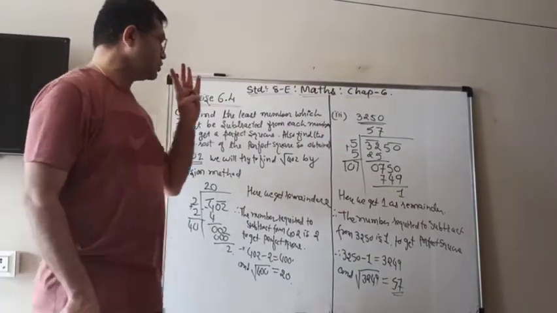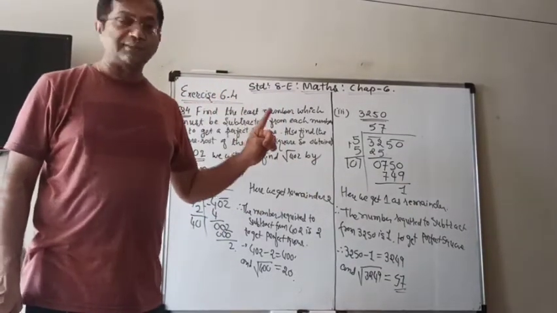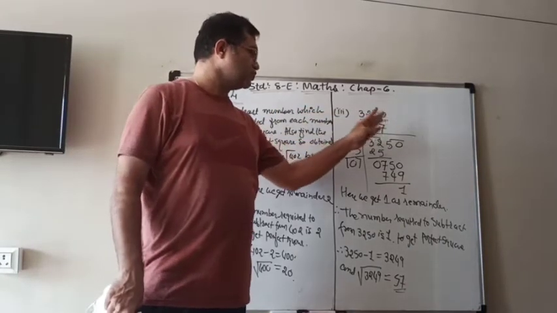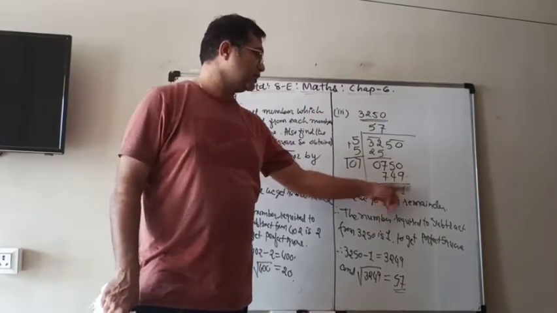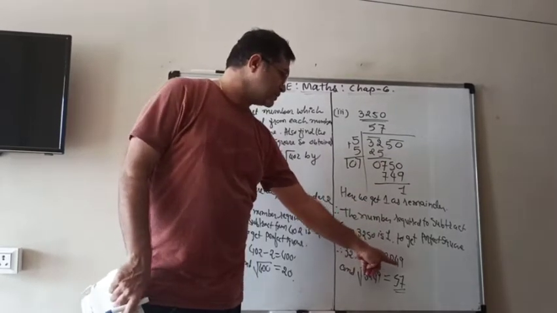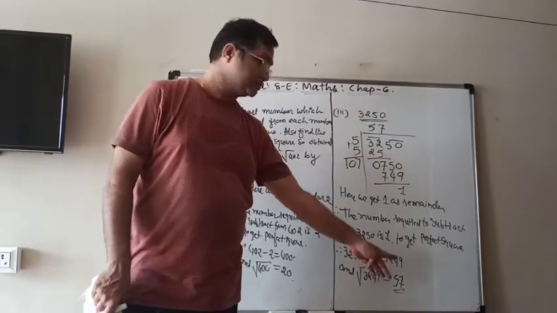So whenever you have to subtract, you have to use the division method, and then whatever is the remainder you have to subtract from the number. So you get the perfect square number, and the square root will be the quotient that you get there.